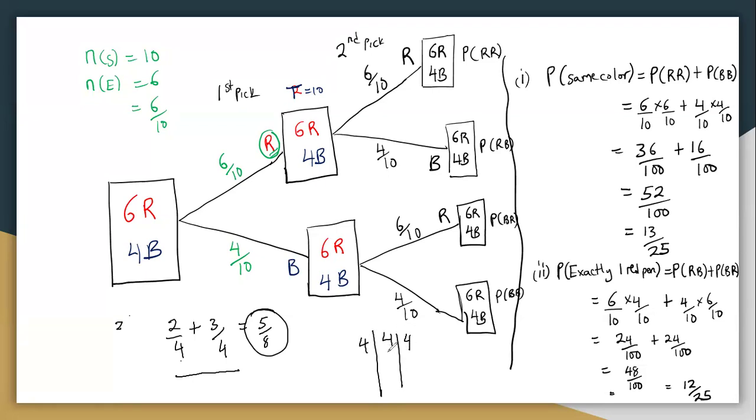So by 4, 1, 1. So what is your LCM? 4. Then you say 4 divided by 4, you get 1. Times 2? 2.